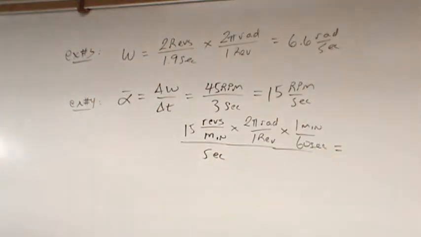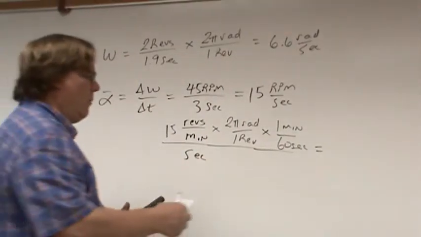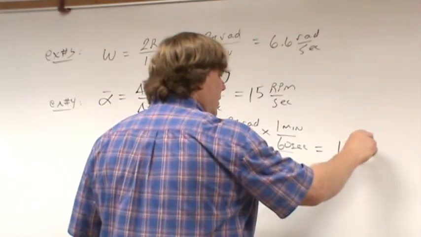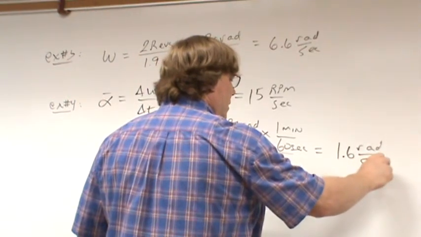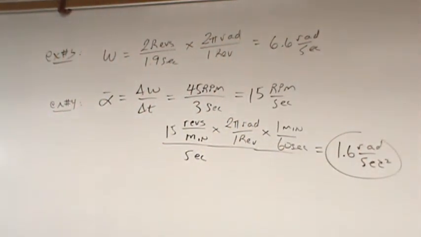Now I've got my radians per second, because I've converted the 15 revolutions per minute into radians per second. So I got 15 times 2 times pi divided by 60, about 1.6 radians per second squared.